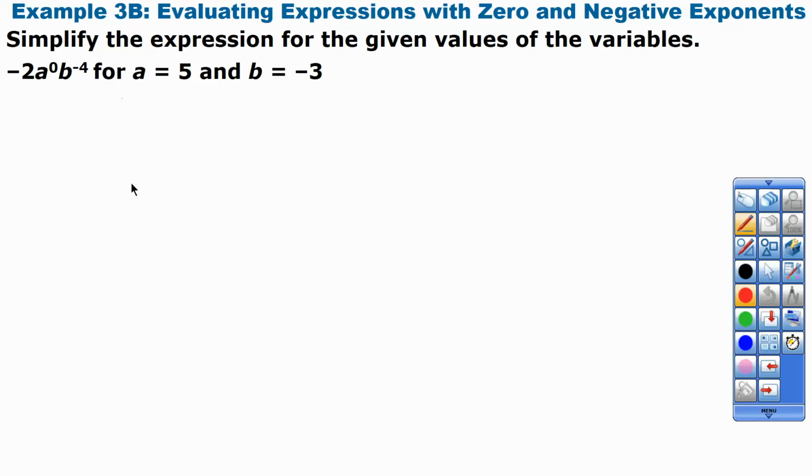We will simplify this one. When you do this, you need to make sure you pay attention and remember PEMDAS. Because if you make a mistake and you multiply before you do the parentheses or the exponent, you're going to get the answer wrong. So we write down negative 2a to the 0th power times b to the negative 4.